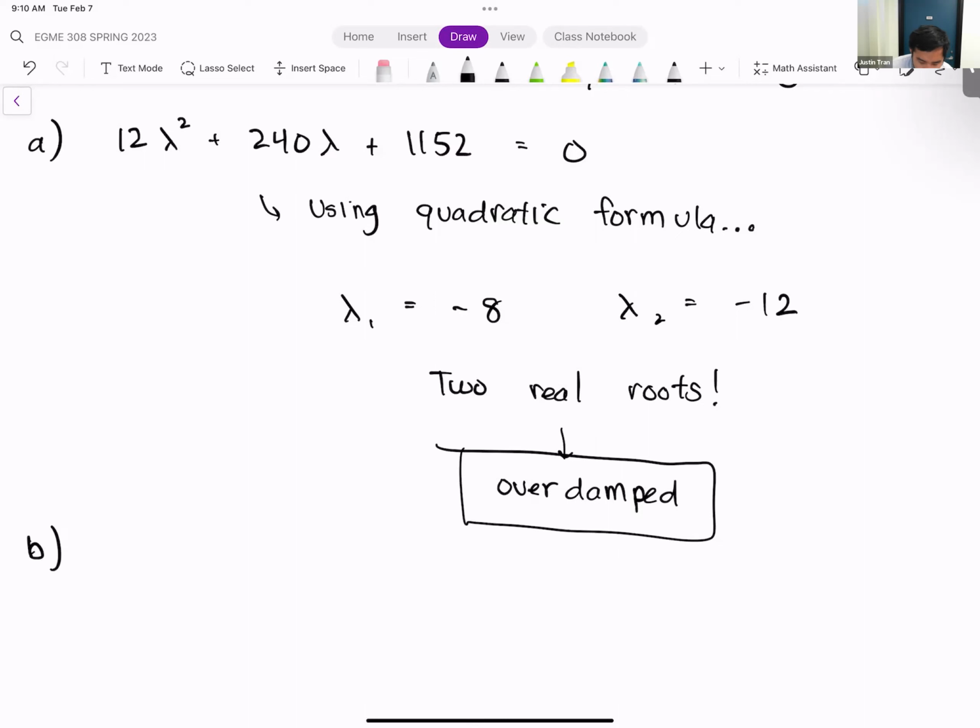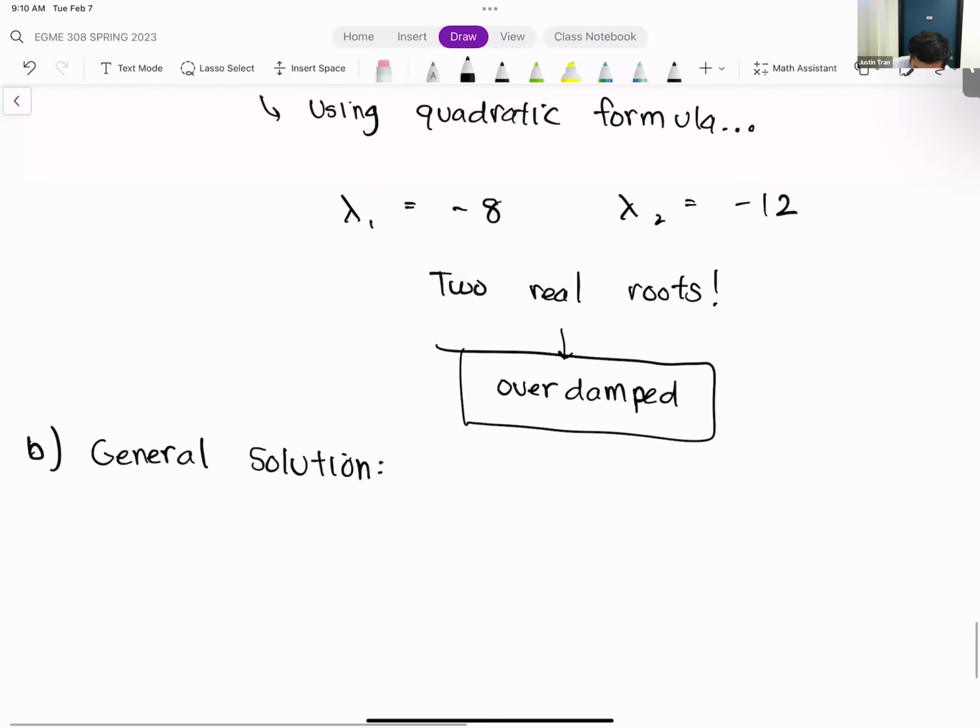Let's move on to part B. Part B is, of course, going to be the general solution. All we have to do is plug in these two real roots.